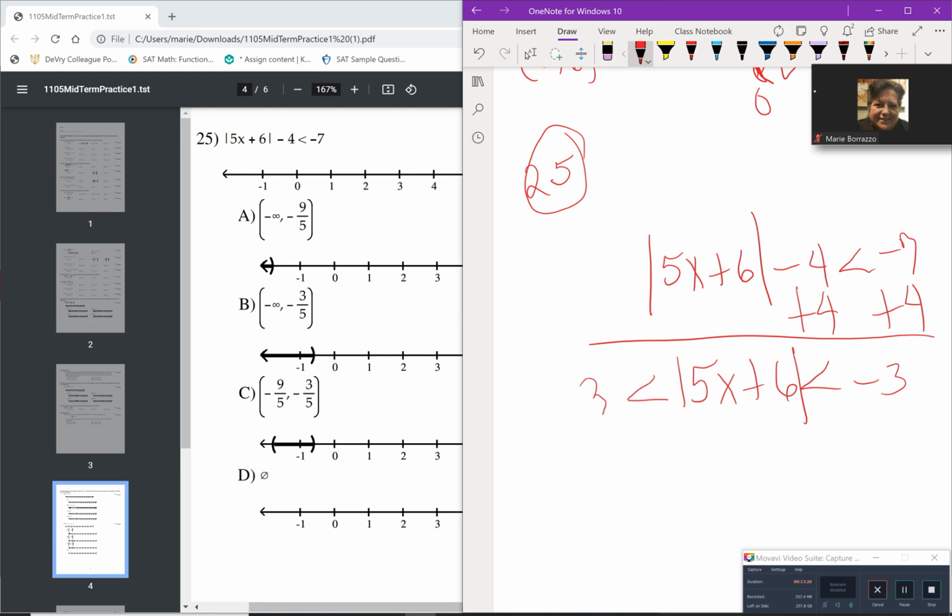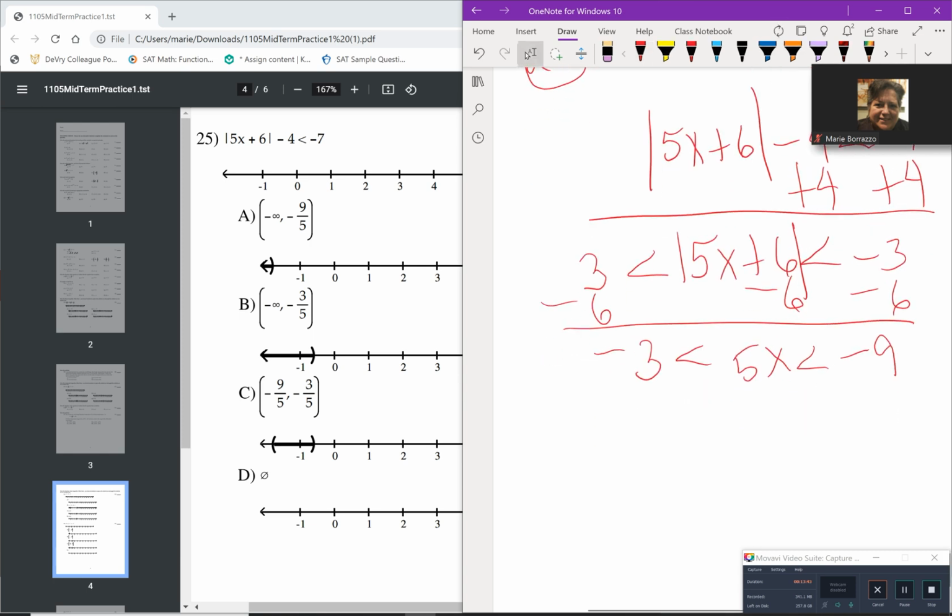So we would have positive 3 sitting here. If I subtract 6 on all three sides, I end up with negative 3 is less than 5x less than negative 9. I'm now going to divide by 5 on all three terms.